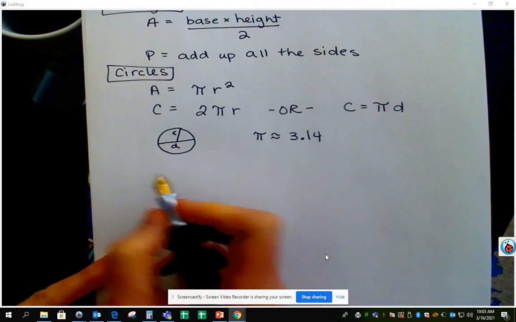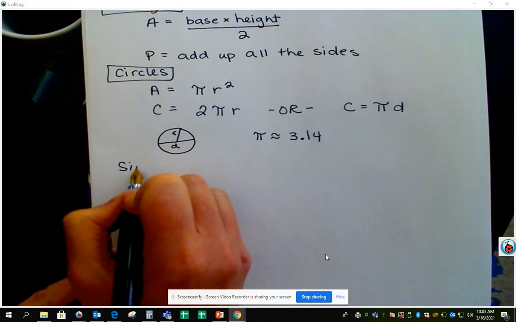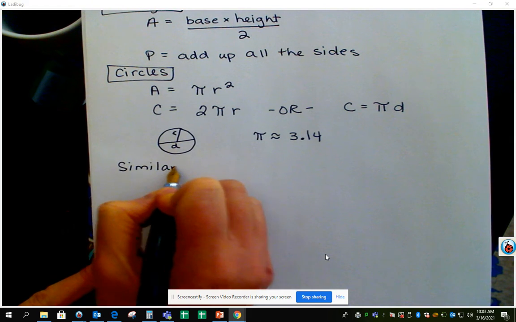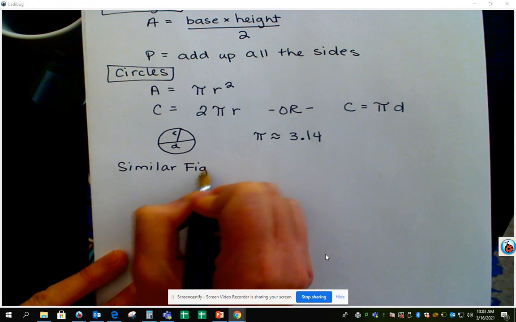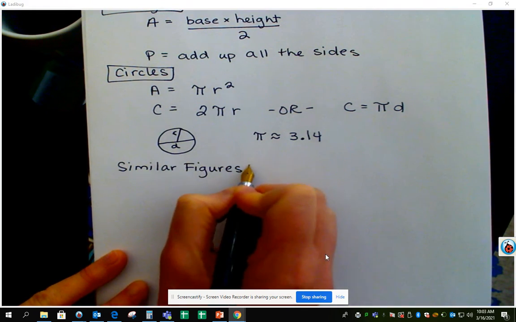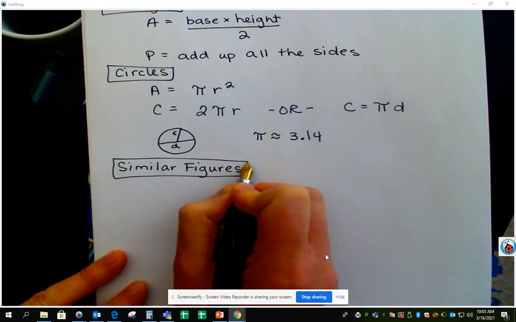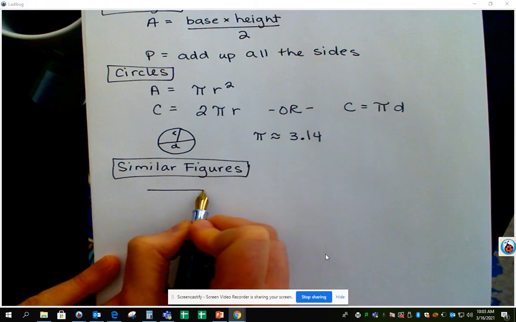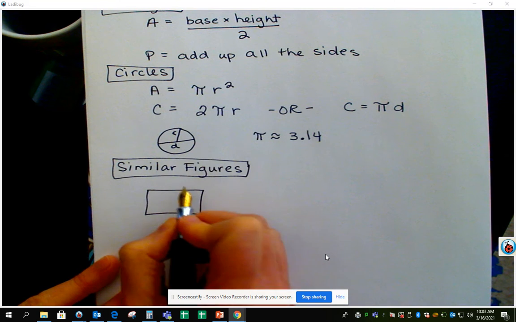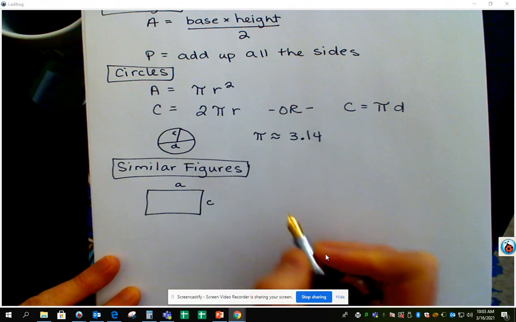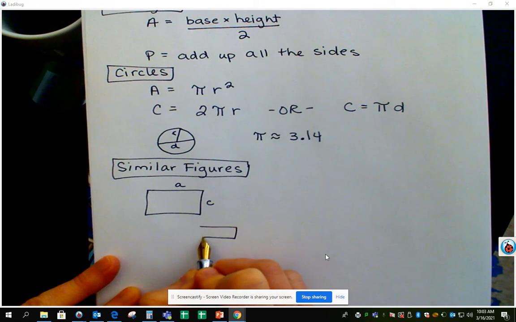All right, we did similar figures. Okay, remember that was when you had a larger figure and a smaller figure, but they're proportional.